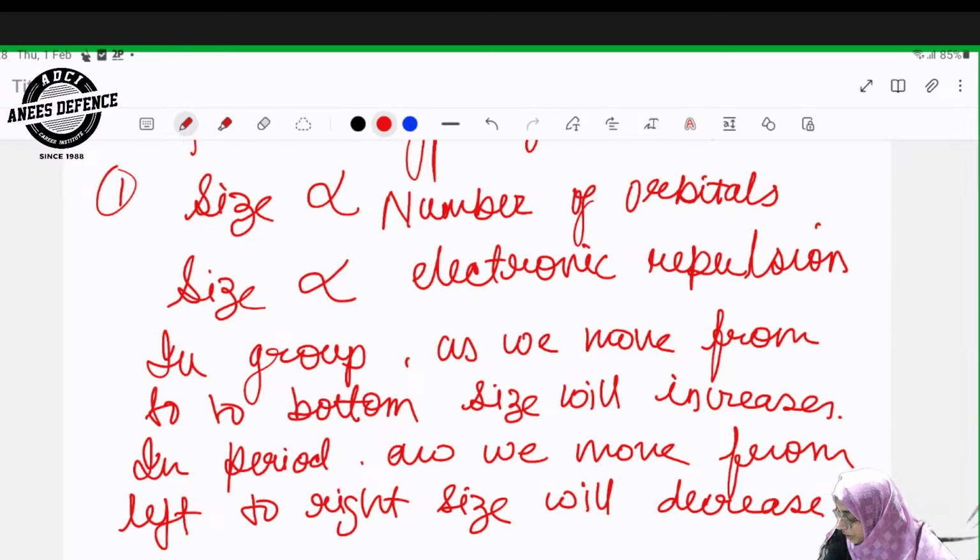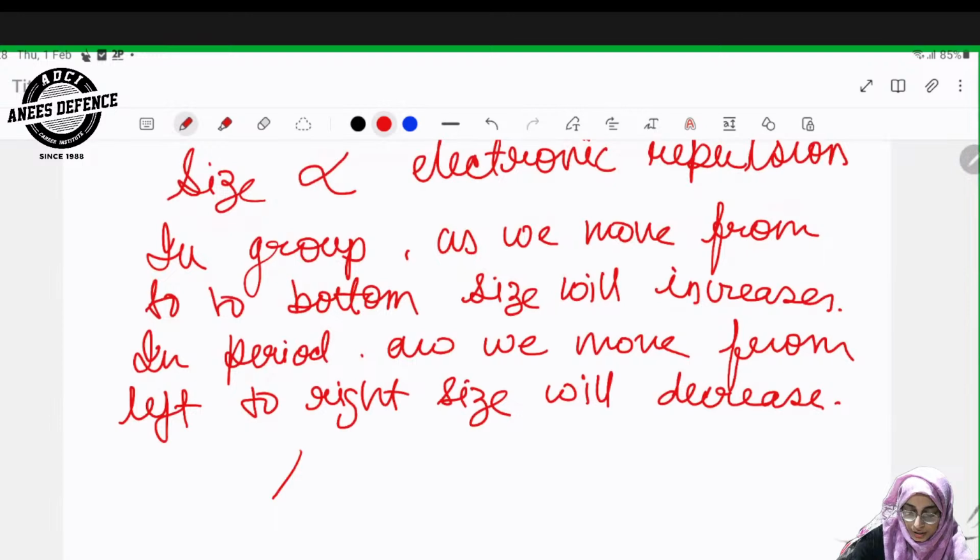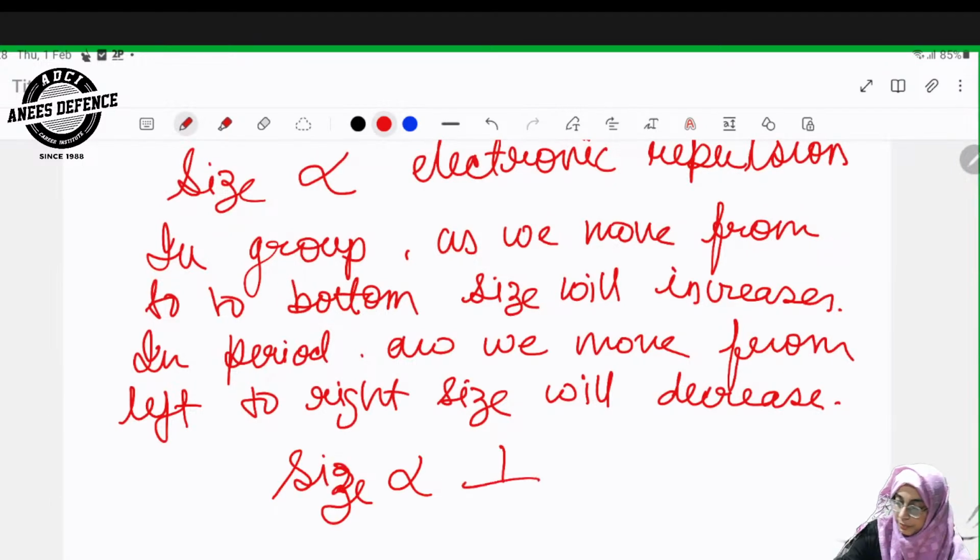The number of atomic orbitals remains constant, but the number of electrons increases, resulting in an increase in the effective nuclear charge. So here, size is inversely proportional to the effective nuclear charge.